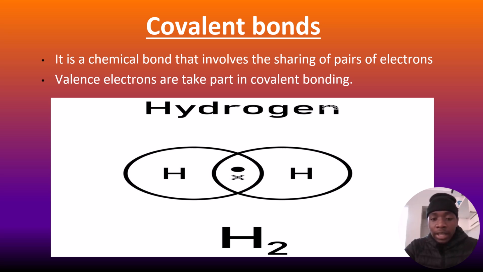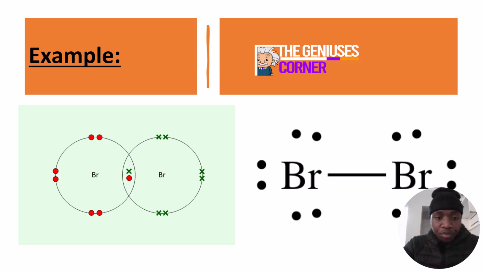One hydrogen brings one valence electron, and the other also brings one valence electron. As a result, these two electrons are shared by both of them, and they form what we refer to as a covalent bond. And then you have your H2 molecule.